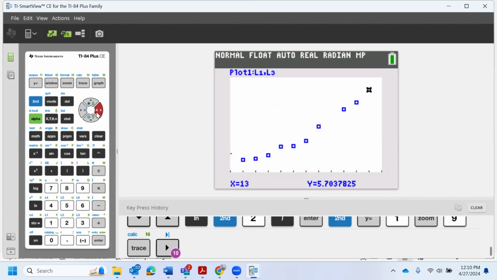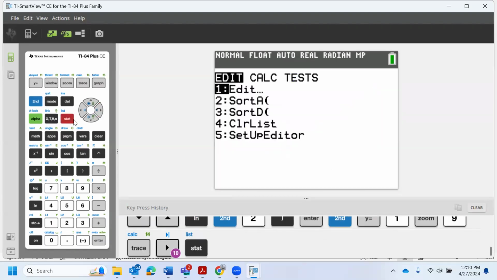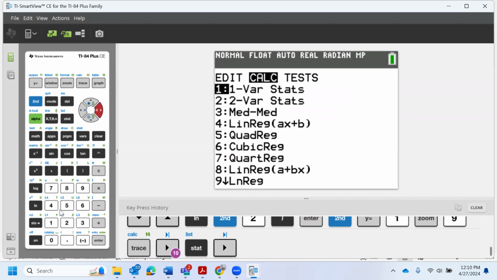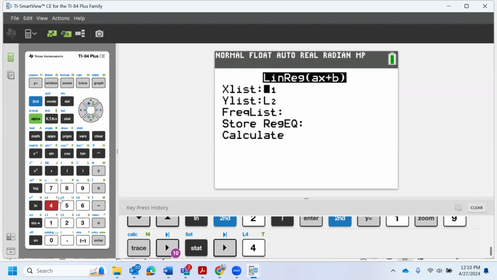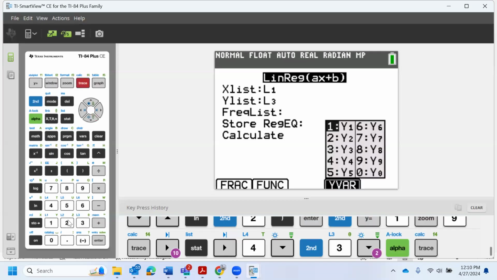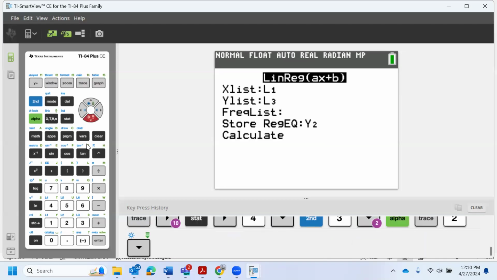So it looks a bit better compared to earlier. To get that equation, we're going to do calculate, go for number 4, linear regression with L3 as y. I can store the equation with alpha trace, put it in Y2, and calculate.